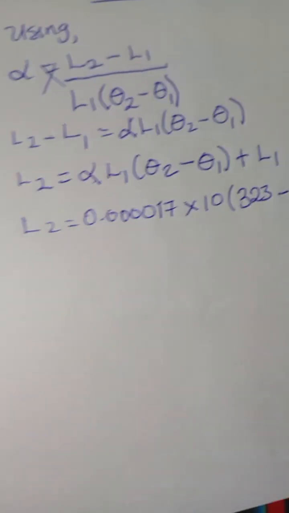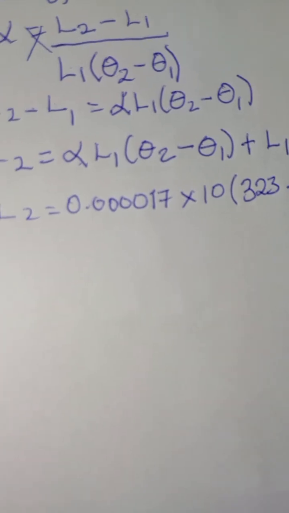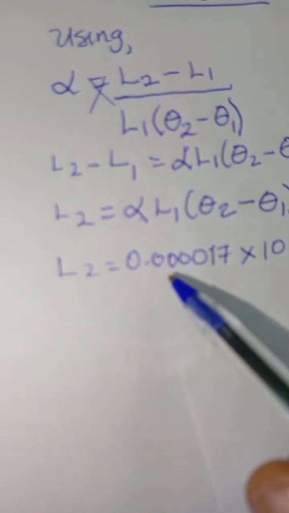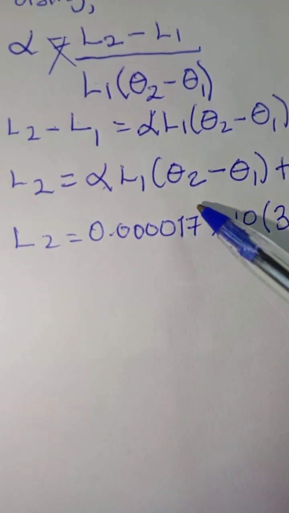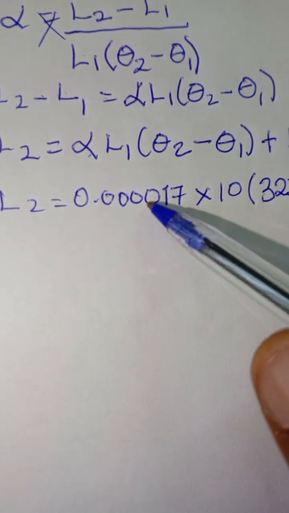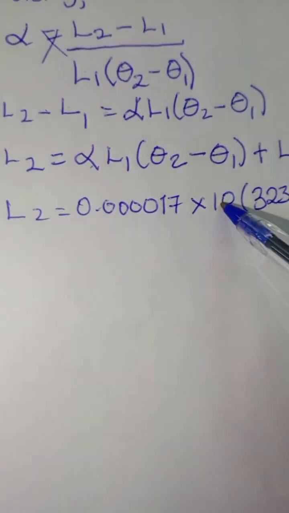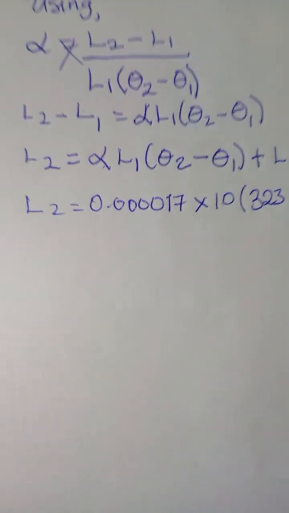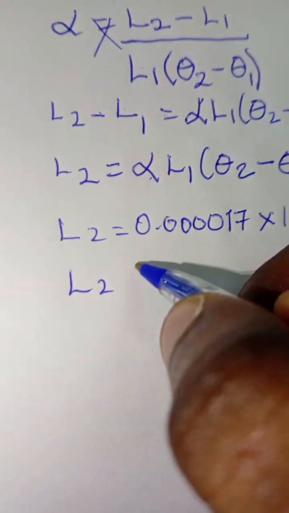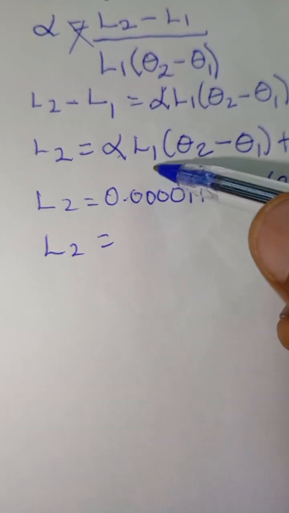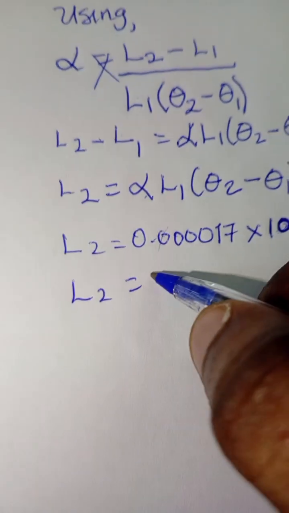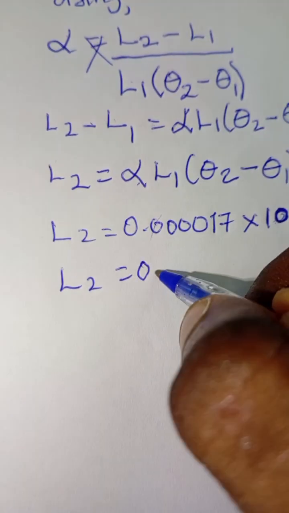So from here, the next thing you're going to do, to make things easier, is multiply this 10 by this, where the 0 here will cancel one 0 here. That's just a simple math trick.